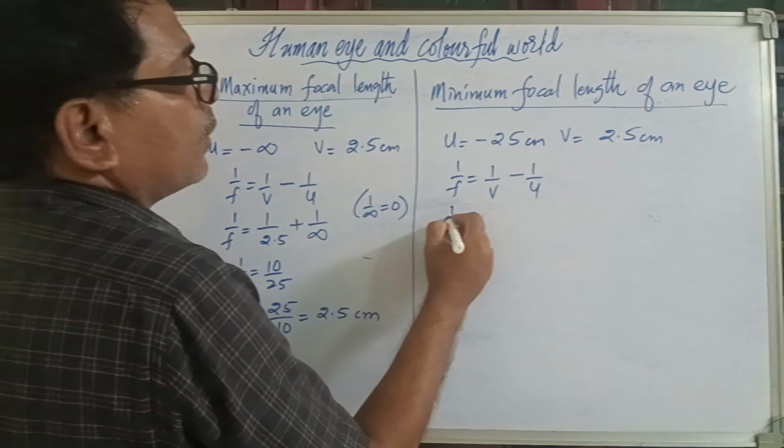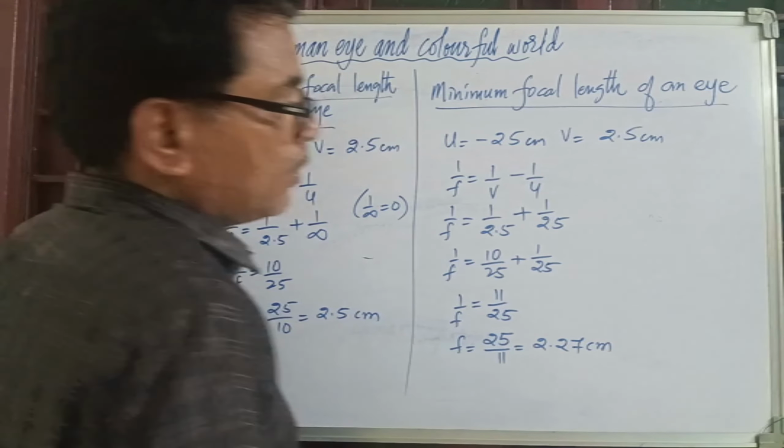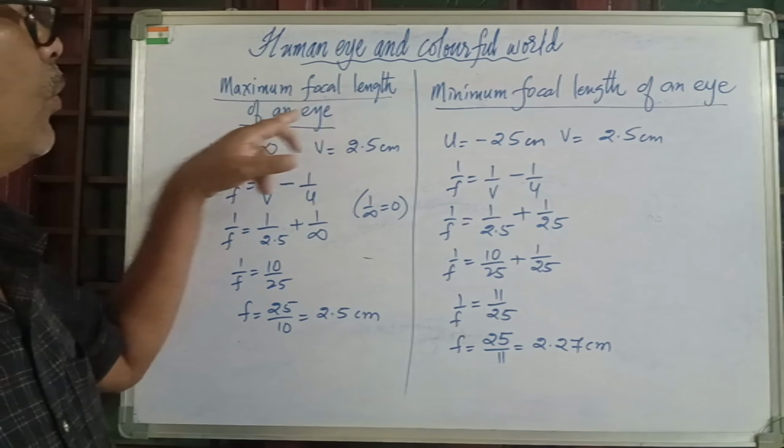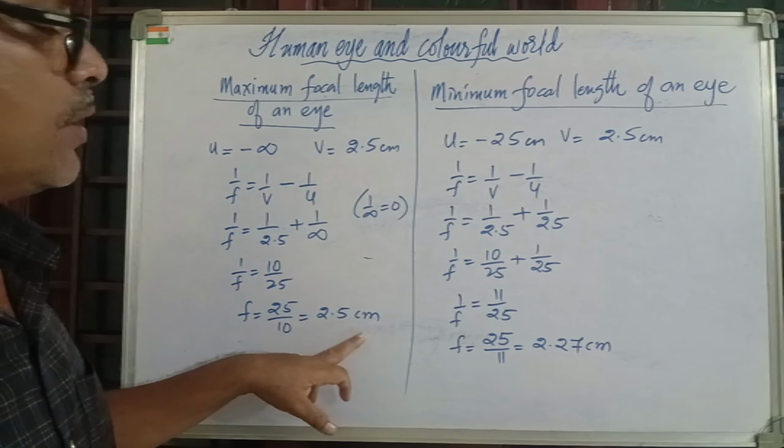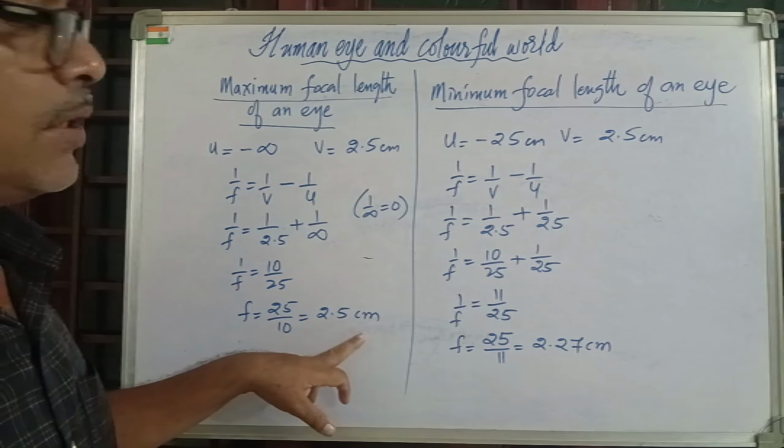Since the denominator is the same, you add the numerators: 11 by 25, that's 1 by f. Therefore f is equal to 25 by 11, nothing but 2.27 centimeter. So the maximum focal length of an eye is 2.5 centimeter and the minimum focal length is 2.27 centimeter. This much is the accommodation done by the ciliary muscles.